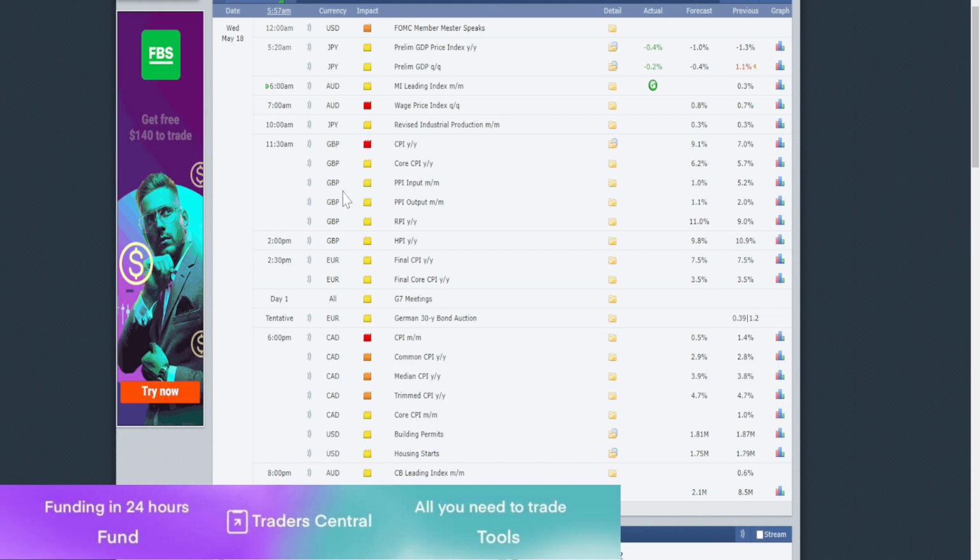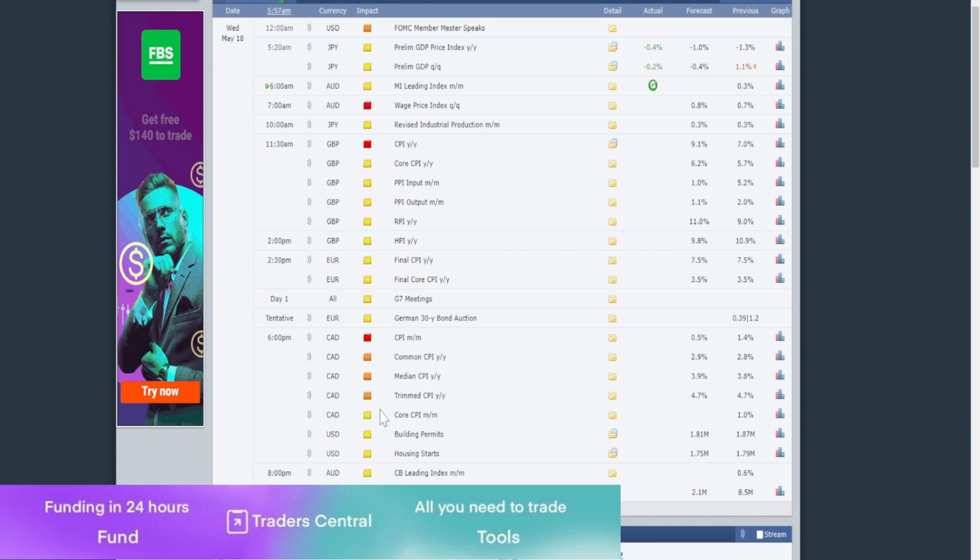Otherwise we have low impacting news for British pound coming up. Again at 6 p.m. we have high impacting news for Canadian dollar, followed by medium impacting news, then low impacting news. We don't have any high impacting news for American dollar related currency pairs. So make your trade plans based on this economic calendar news schedule.